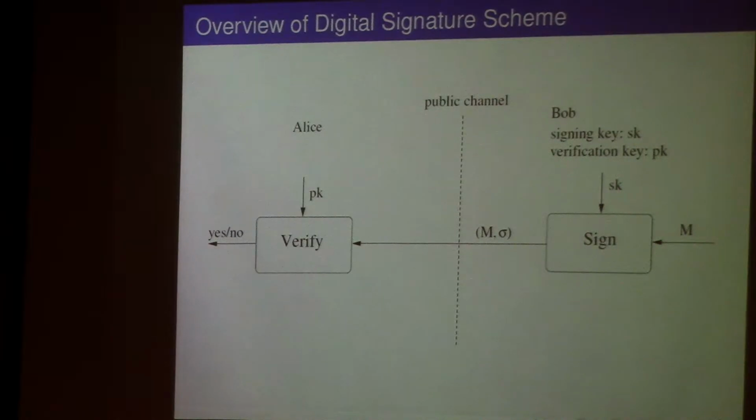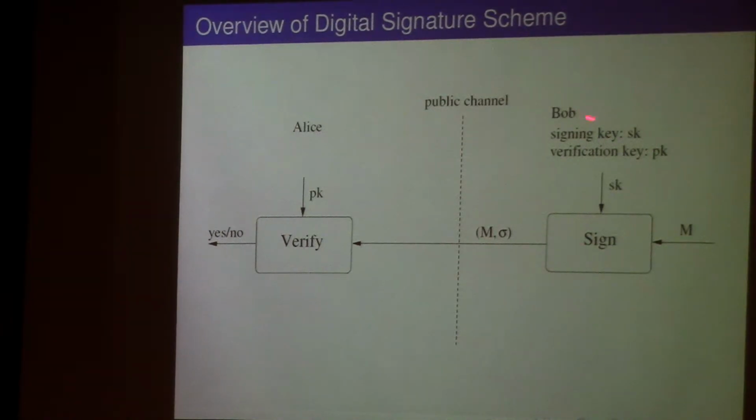Well, in a digital signature, the goal is different. The goal is not to obtain the confidentiality of the message, and Bob is not concerned about hiding the message. What Alice is concerned about is that this is an instruction that Bob signs.